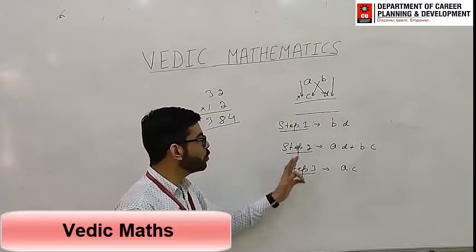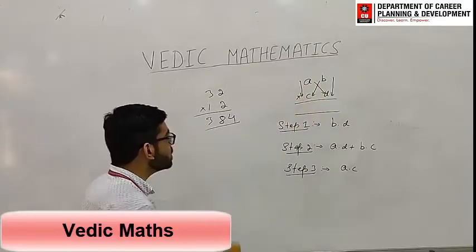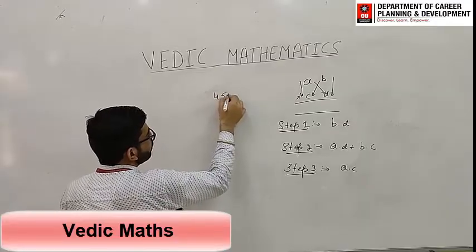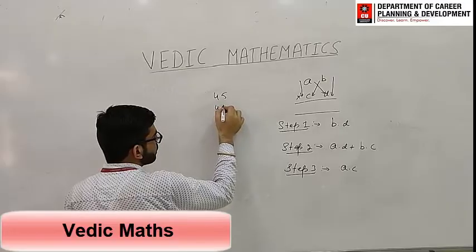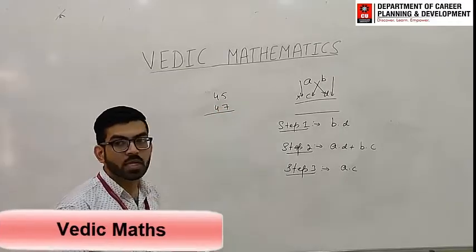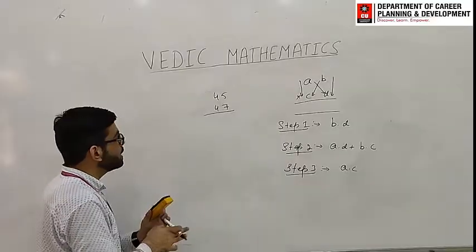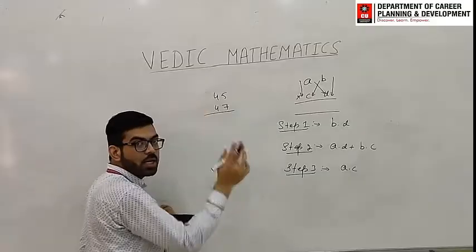Step number 1, 2 and 3. This is the case of multiplication with two numbers. Now suppose the numbers are different. Imagine the numbers are 45 multiplied by 47, because the numbers will exceed 2 digits. In that case, what do you have to do? Again, the steps are the same. 7 into 5, 35.